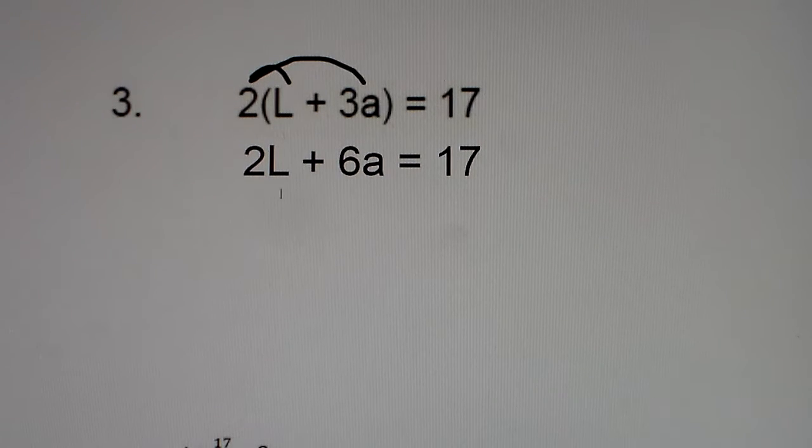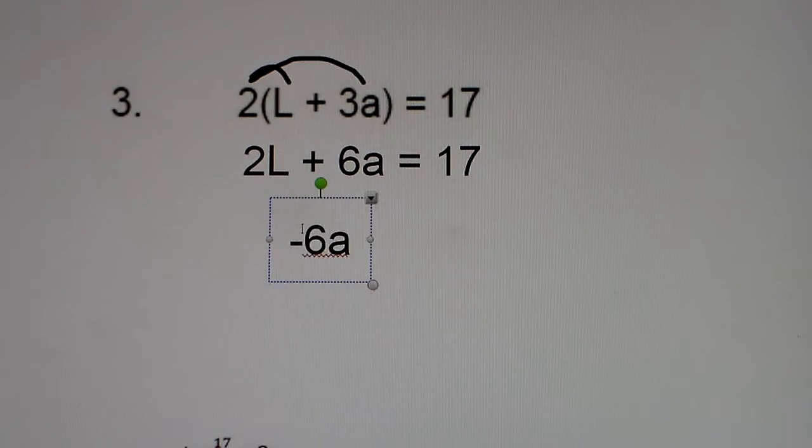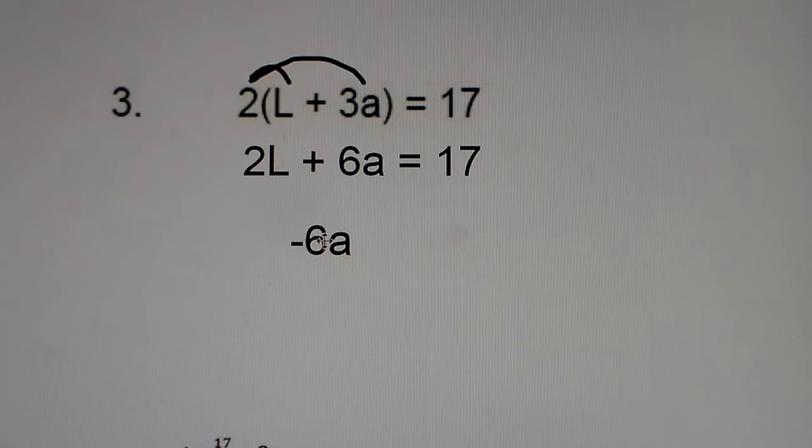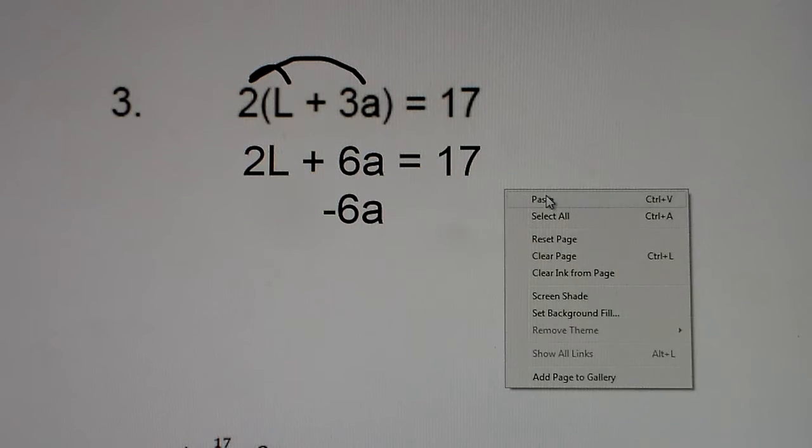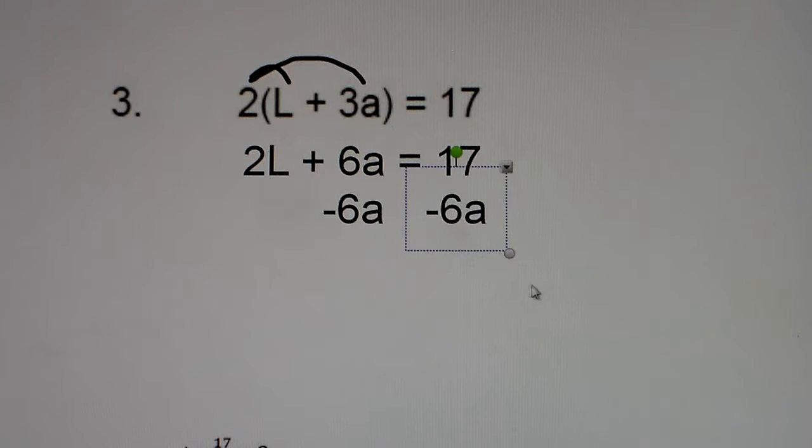Now we're going to use inverse operations, and we're going to subtract 6A from both sides of the equal sign. I don't want to line it up underneath, I want to move it to the side, because 17 and negative 6A, one has an A but the other term doesn't.